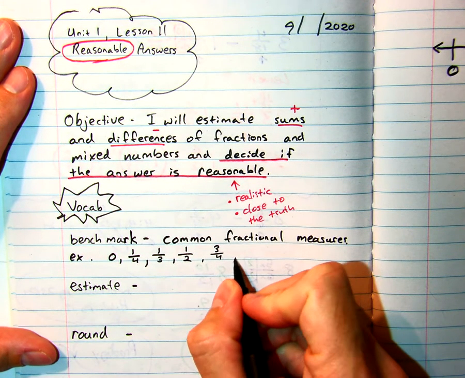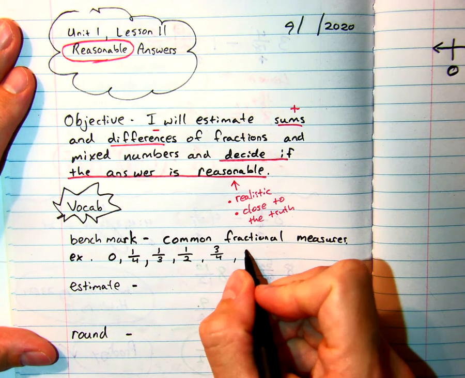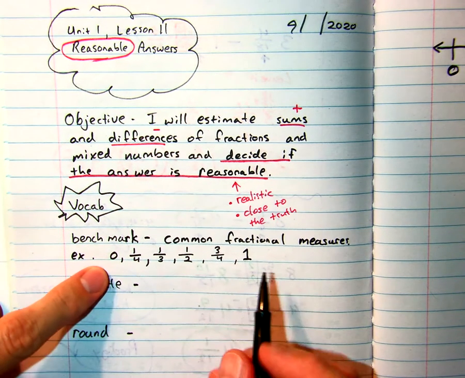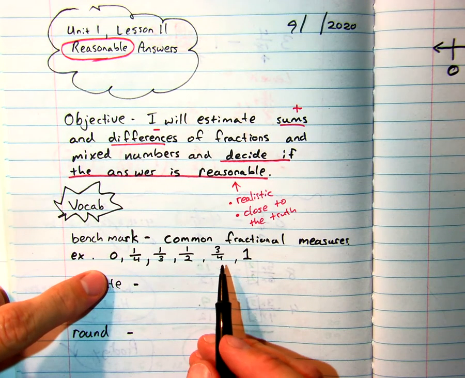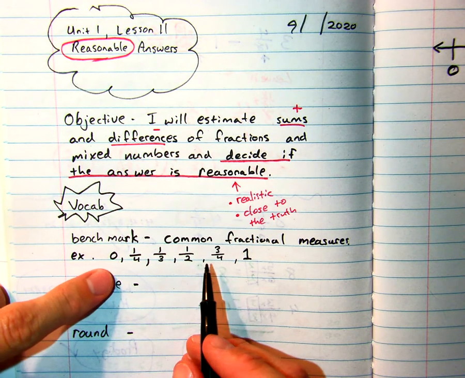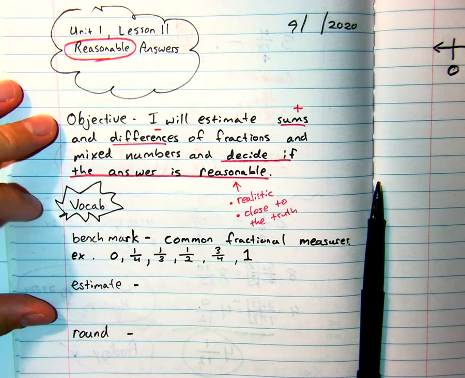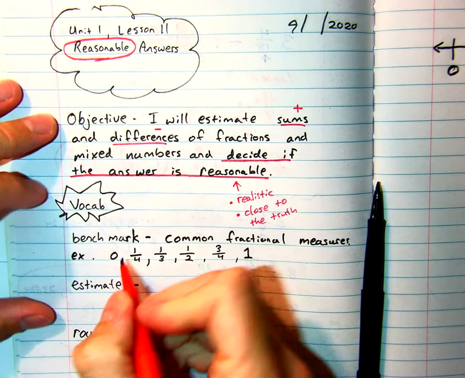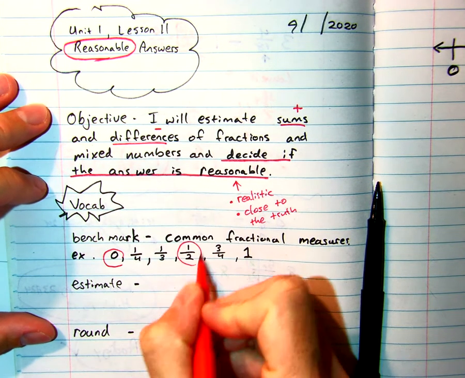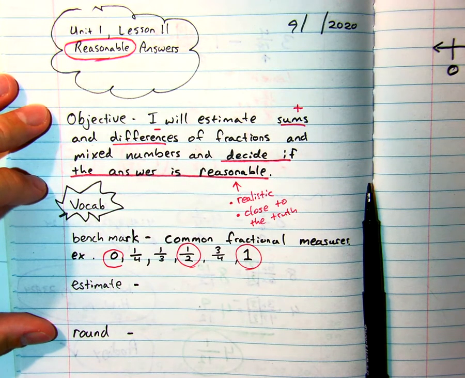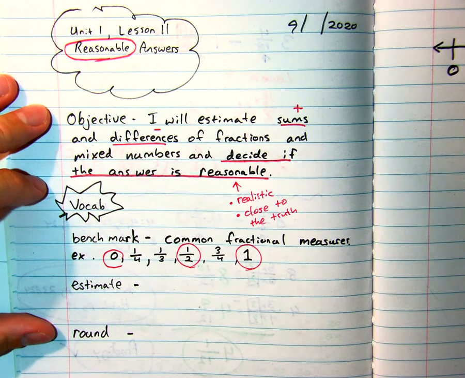And since I'm using a denominator of 4, I could say either 4/4 or 1 whole. So we want to look at a problem and decide, using benchmark fractions, where the answer might be. Your most common would be 0, half, and whole. These are some other common fractions that could be used as benchmarks.